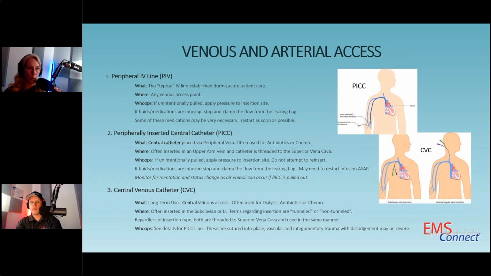They'll get sent home with this catheter quite often because this is a more permanent catheter. It's called a tunneled catheter, which has some antibiotic and bacterial resistant capabilities to it. And so it can be staying in the patient's chest for a long time and be used for long-term infusions.